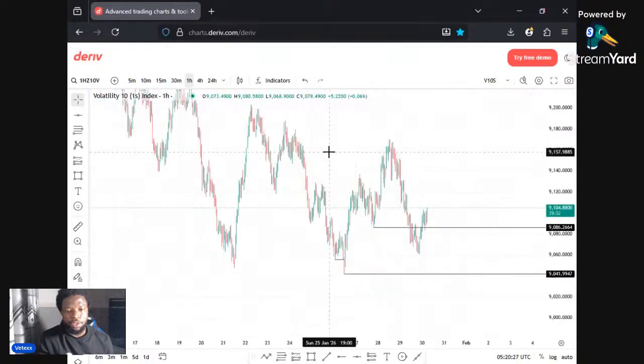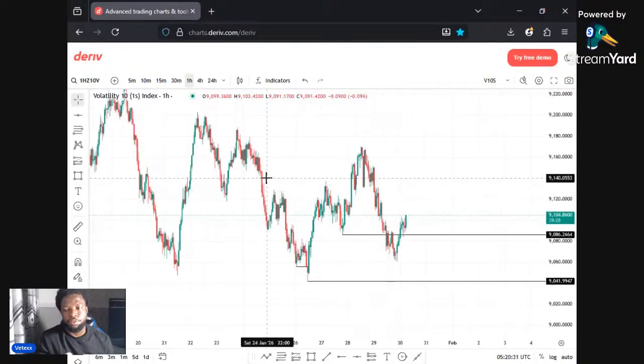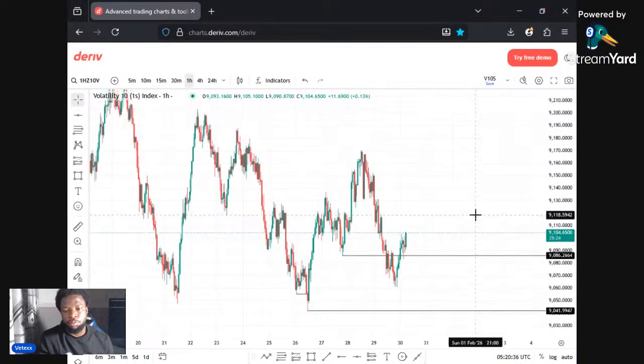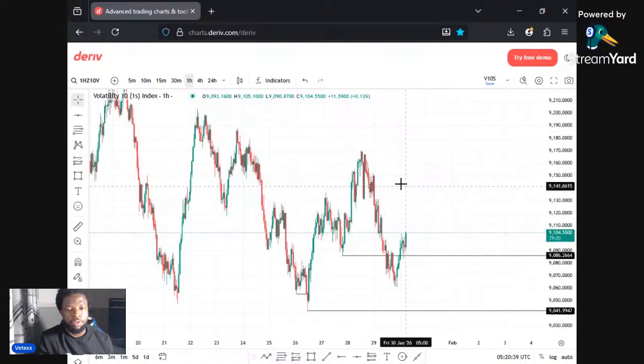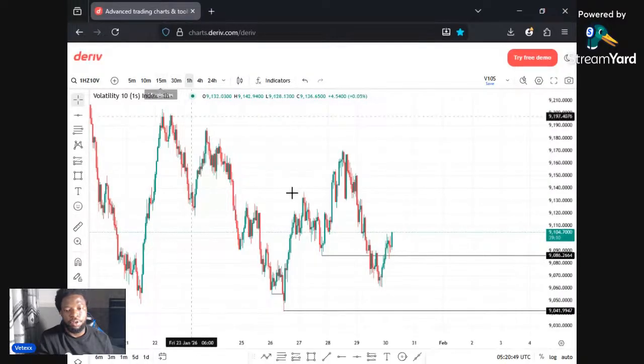Let's check VTNS. We marked VTNS yesterday also because it's bullish on the weekly time frame and also bullish on the daily time frame. It gives us a continuation on the 1 hour. So let's check if it gives us a continuation on the 15 because I already marked it down.